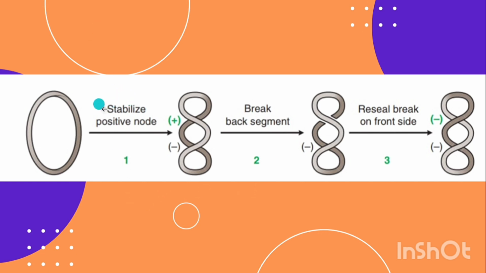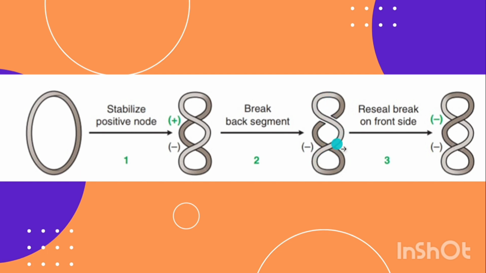The DNA gyrase enzyme of the bacteria has two subunits, the A subunit and the B subunit. The A subunit of DNA gyrase causes a break in the back segment of the double helical strand. Then the B subunit helps in negative supercoiling, that is to loosen the double helical strand of the DNA.